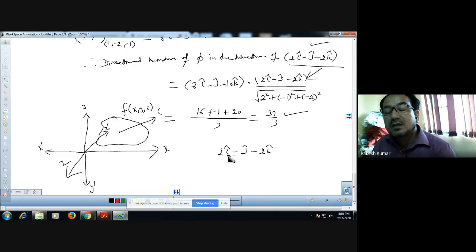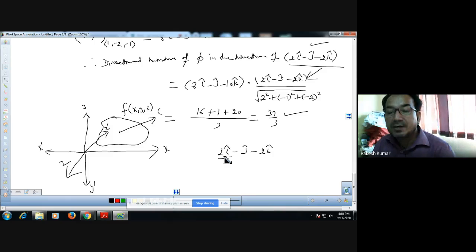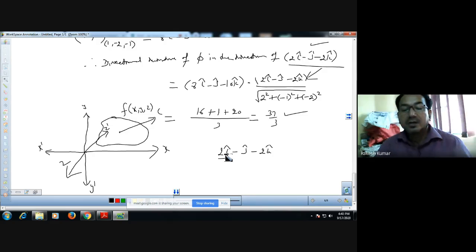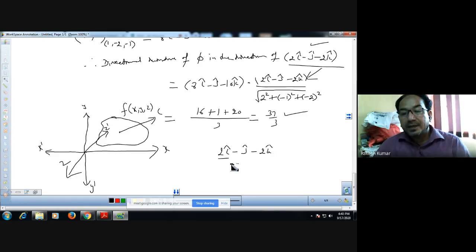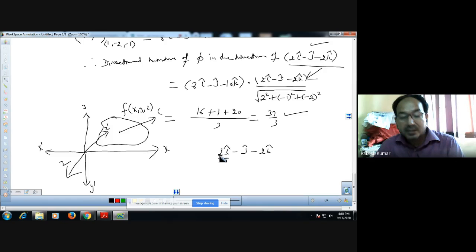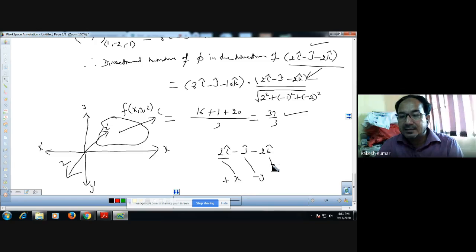So if the component of I cap is 2, which is a positive quantity, it means we are discussing the direction in which we are moving toward the positive x-axis. So this means positive x-axis, this means negative y-axis, and this means negative z-axis.